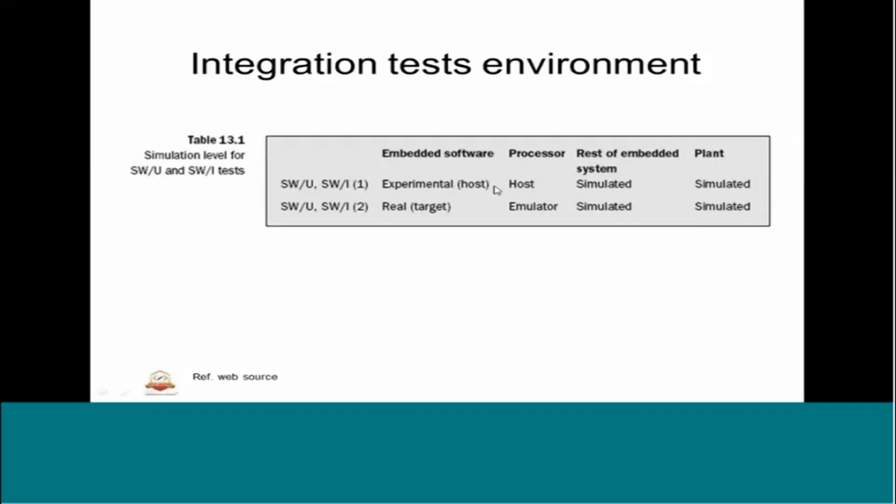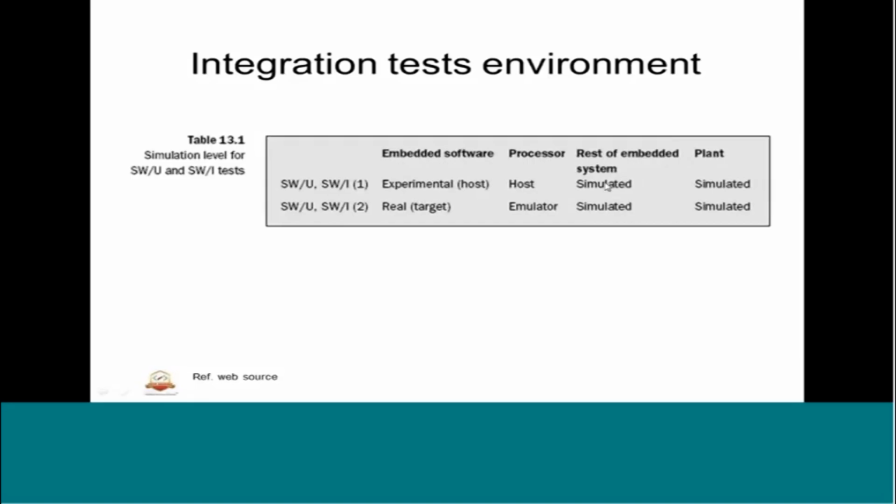First it will be tested on the host as an experimental basis, and we are not going to use the target processor. We are going to use the host processor such as x86, because most personal computers have x86-based architecture, but the tools will support compatibility with the target system.